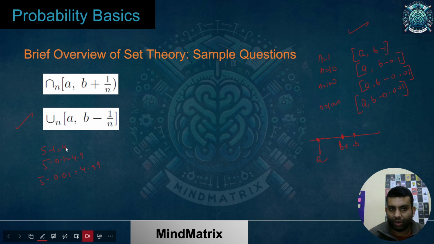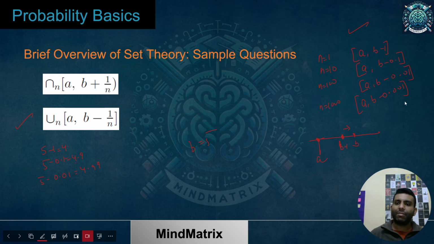Earlier it was 4 only, then it is becoming 4.9, then it is becoming 4.99, and similarly we keep on going towards the number further. We will keep on going towards the b. When we had b minus 1, which was 4, and if I take b equals 5, then you can see this was 4, then I got 4.9, then 4.99, then 4.999, and similarly we keep on going.